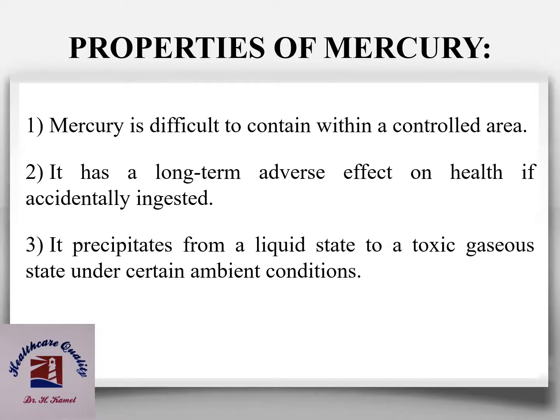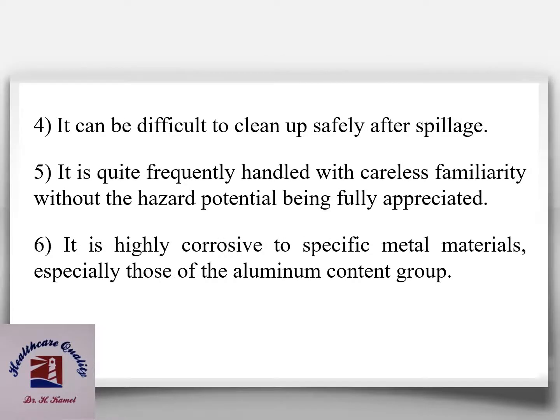Properties of mercury. 1. It is difficult to contain within a controlled area. 2. It has long-term adverse effects on health if accidentally ingested. 3. It precipitates from a liquid state to a toxic gaseous state under certain ambient conditions. 4.